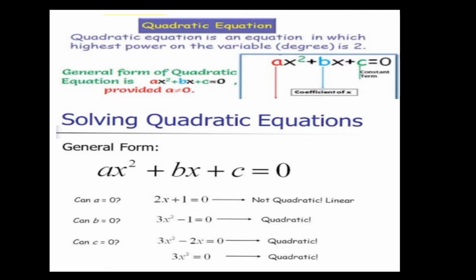So then I'll get an example as 3x square minus 2x is equal to 0. Or you may get 3x square is equal to 0 also, because even if b and c both become 0, you can take it as a quadratic, because you need to have only the x square coefficient. Leaving the other coefficients, you can leave. You need to have the highest power as x square, so then we can say it's a quadratic equation.